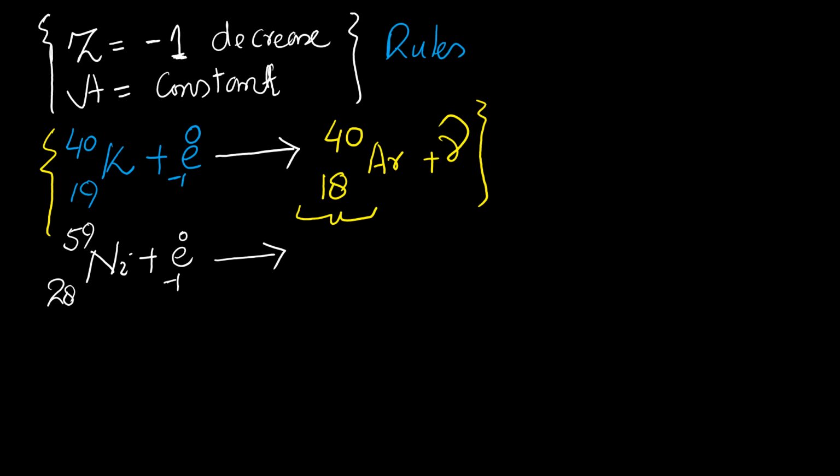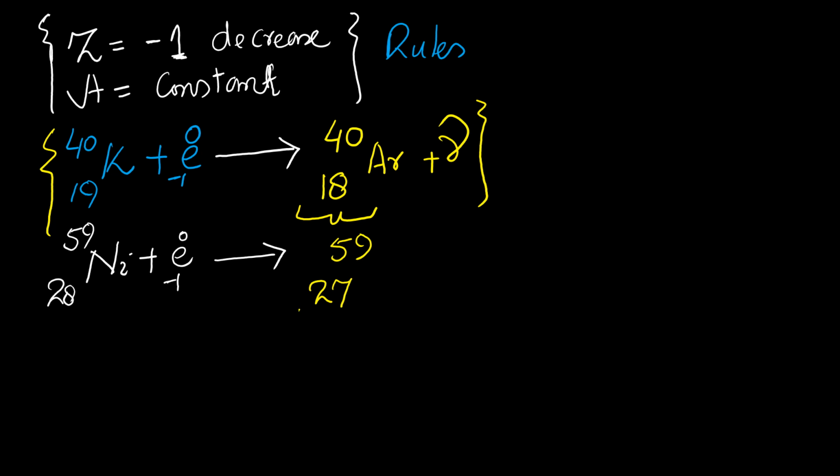As you know, in electron capture the atomic number is decreased by 1, so the new element will have an atomic number of 27, whereas the atomic weight remains the same. So the atomic weight of the new daughter element will be 59.